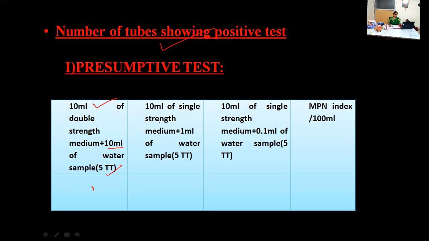You must write it here. The next test tubes are 10 ml of single strength medium plus 1 ml of water sample, which you added to the 5 test tubes. You write how many tubes gave a positive result. Then 10 ml of single strength medium and 0.1 ml of water sample, which we added to all the 5 test tubes. How many test tubes will give the result? You must write that, and that will give you the most probable number index per 100 ml.